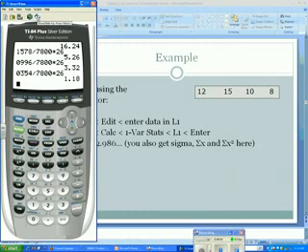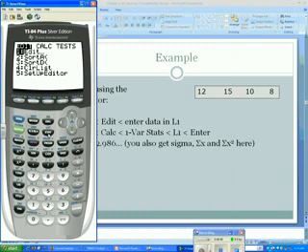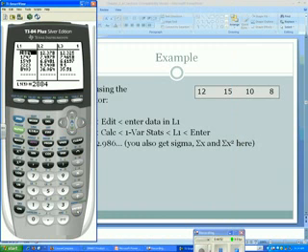We will first enter the data into the calculator. So we want to press Stat and then Edit. So Stat and then Enter. I already have a bunch of data values in my calculator. If your calculator is brand new, you may not have anything in it.